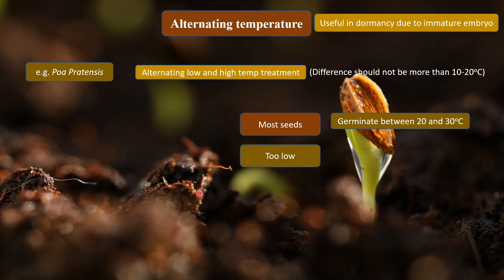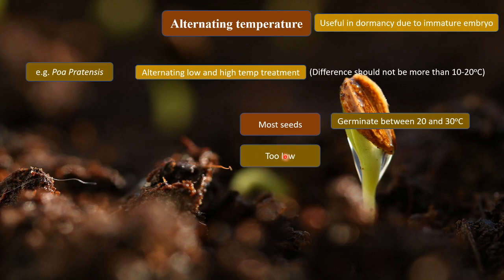If you provide too low a temperature, then the seeds will not germinate and the process will become slow, because when temperature is low, it will lead to freezing, and that will lead to a reduction in physiological activities, right?